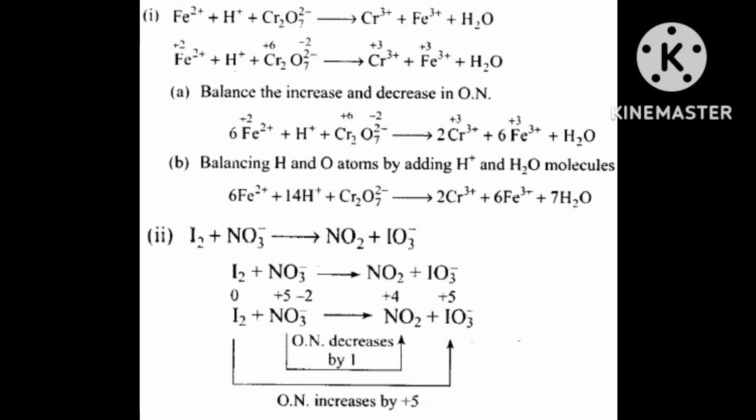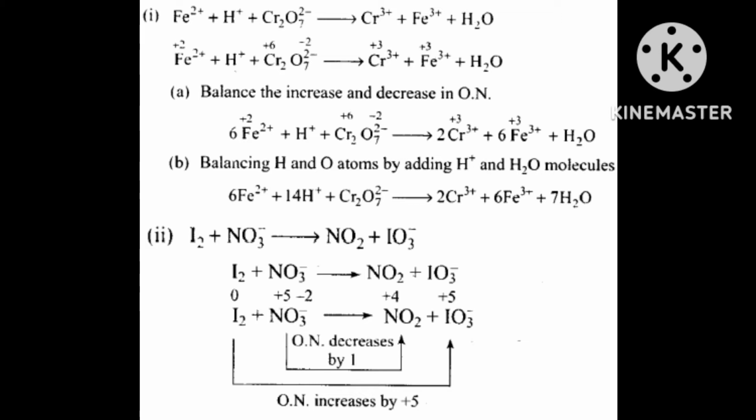Third step: calculate the increase or decrease in the oxidation number per atom and for the entire molecule or ion in which it occurs. If these are not equal, then multiply by a suitable coefficient so that these become equal.